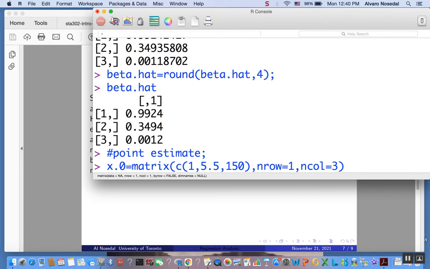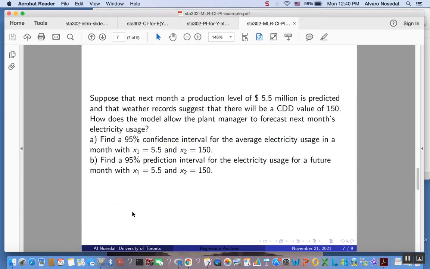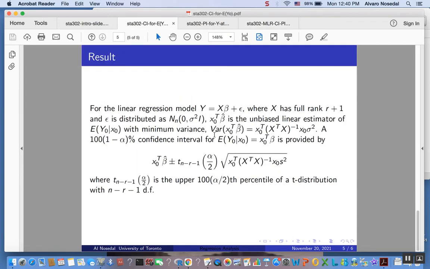So another way would be creating x0 as a column vector and then finding its transpose. Okay? So it's just a matter of being careful on how you define that. That's why we have to keep track of the dimensions.